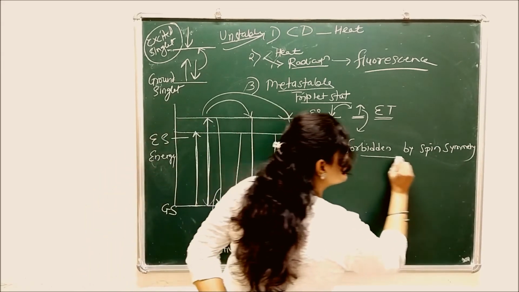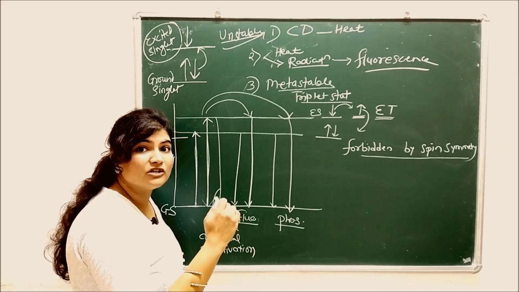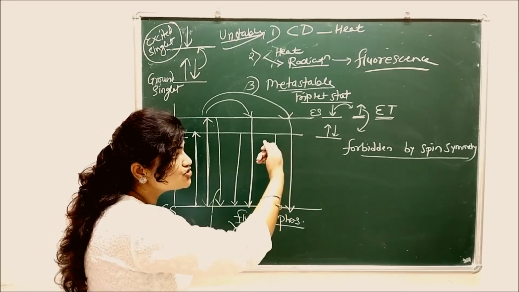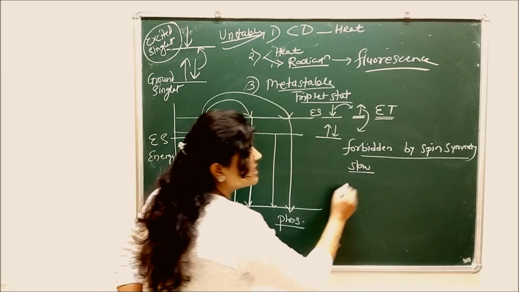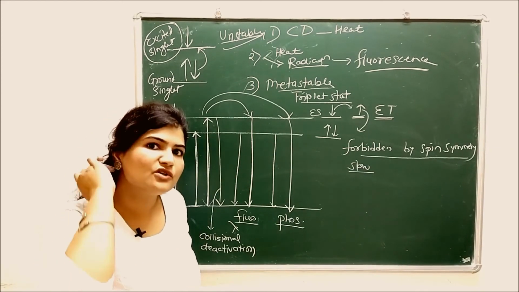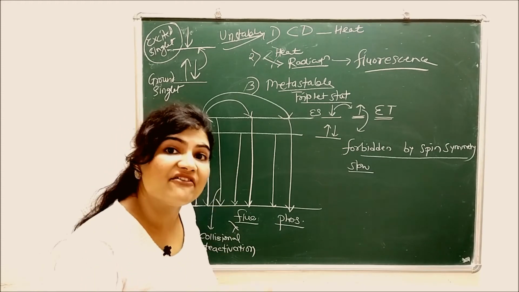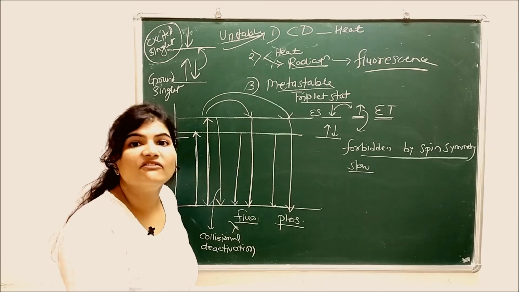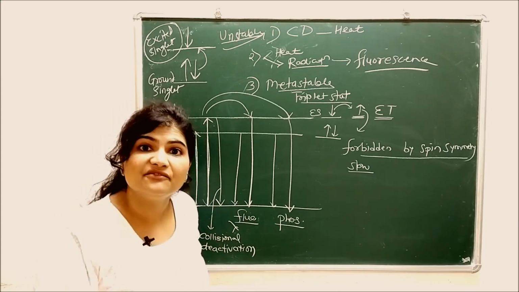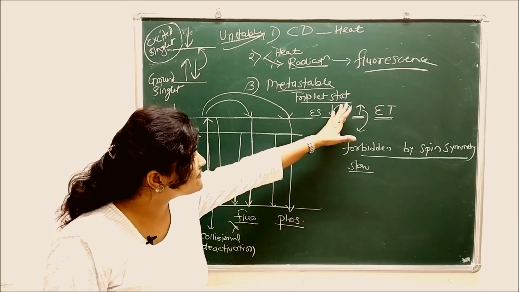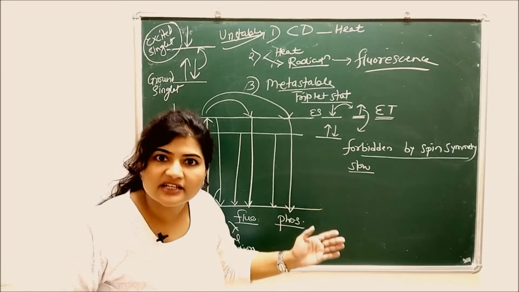Because the spin symmetry is not in alignment, the process is slow, and therefore phosphorescence, the emission of radiation, continues long after the cutting off of irradiation. This is the reason why phosphorescence is referred to as delayed fluorescence, because the process of coming back to the ground energy state takes a little longer than fluorescence.